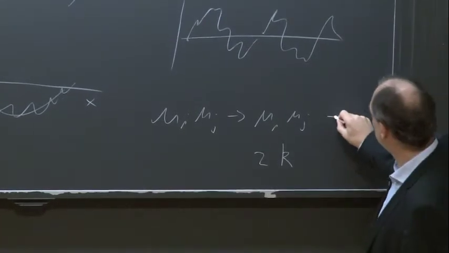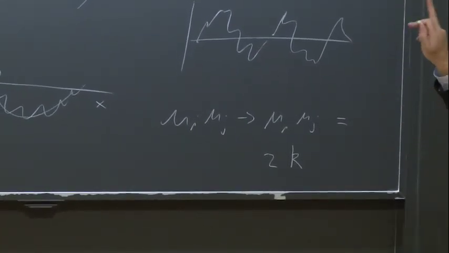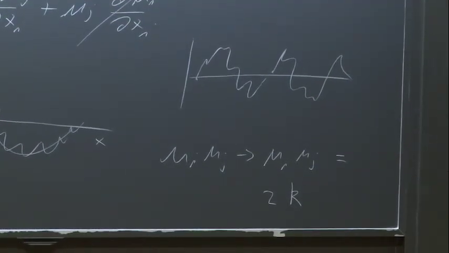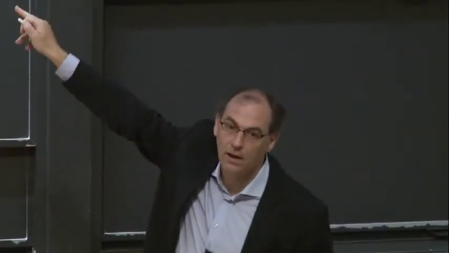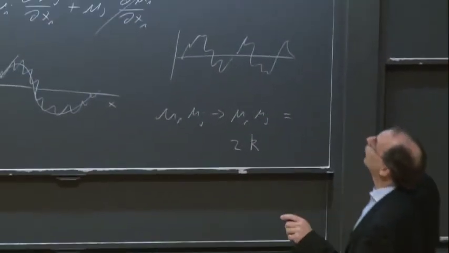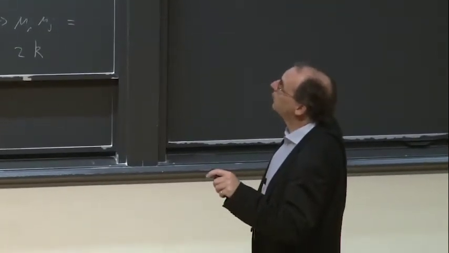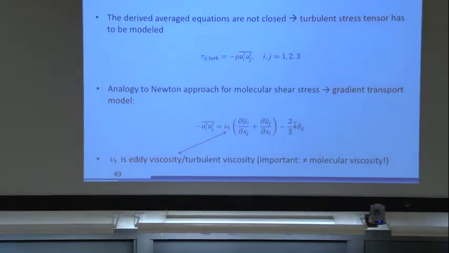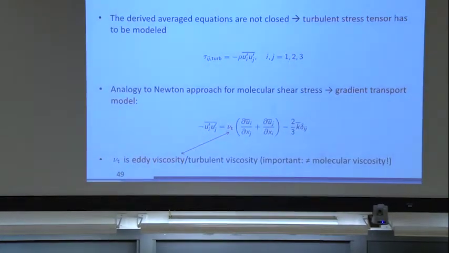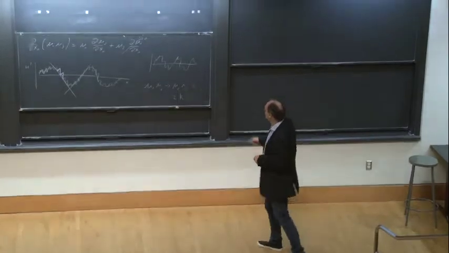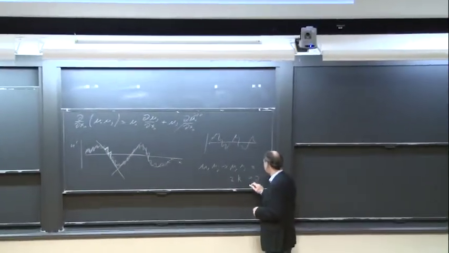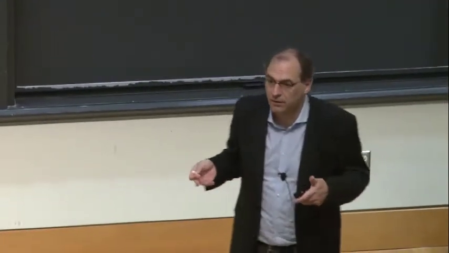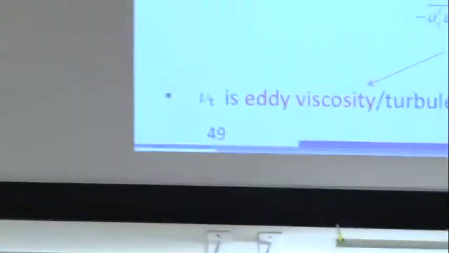And on the right-hand side, we would have dui/dxi plus dui/dxi. So if I contract this tensor, on the left-hand side I get ui squared, and on the right-hand side I get dui/dxi. What is dui/dxi? It is 0 by continuity. So this would say then 2k is equal to 0. That's wrong, okay? k is not 0, it's the turbulent kinetic energy, which is why you have the second term.